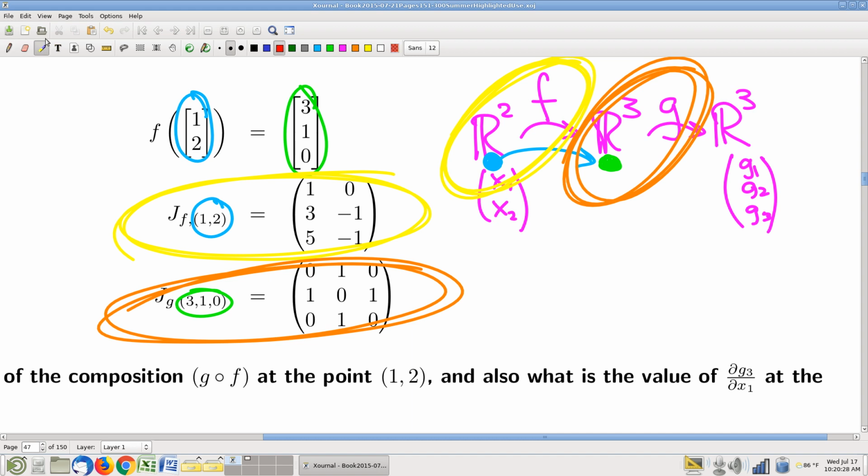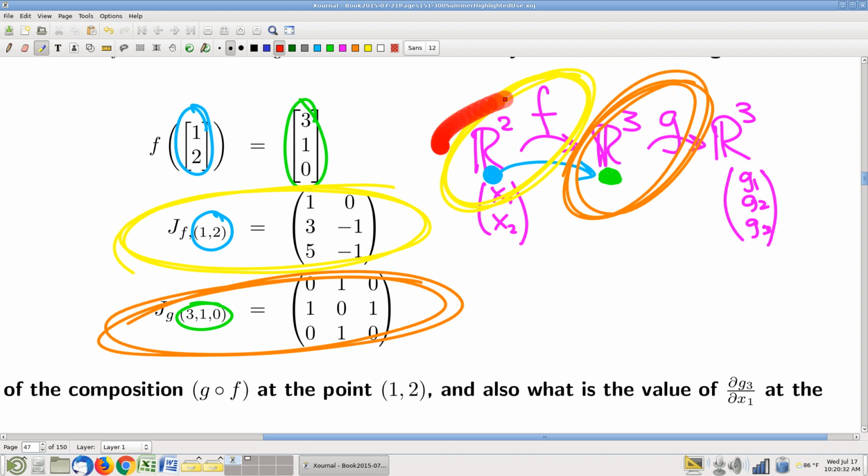Okay. So, how am I going to find the Jacobian of the composition altogether? Looking at that composition, well, the composition is G compose F, and so that's going to be, paying attention to the order, in this composition, the first one to act is F. The first one to act when you're writing matrix multiplication is on the right.